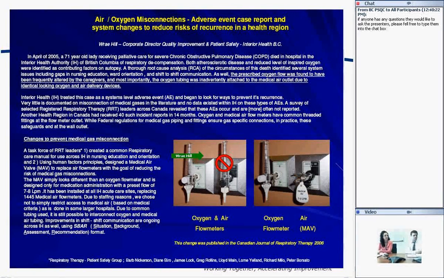So the airflow meter was the very same design. It's called a Thorpe tube, and these are ubiquitous in healthcare. The protections end at the wall outlet because these things are diameter index safety systems, and so you are quite obviously able to hook up an oxygen tubing or air tubing to any one of these two things.